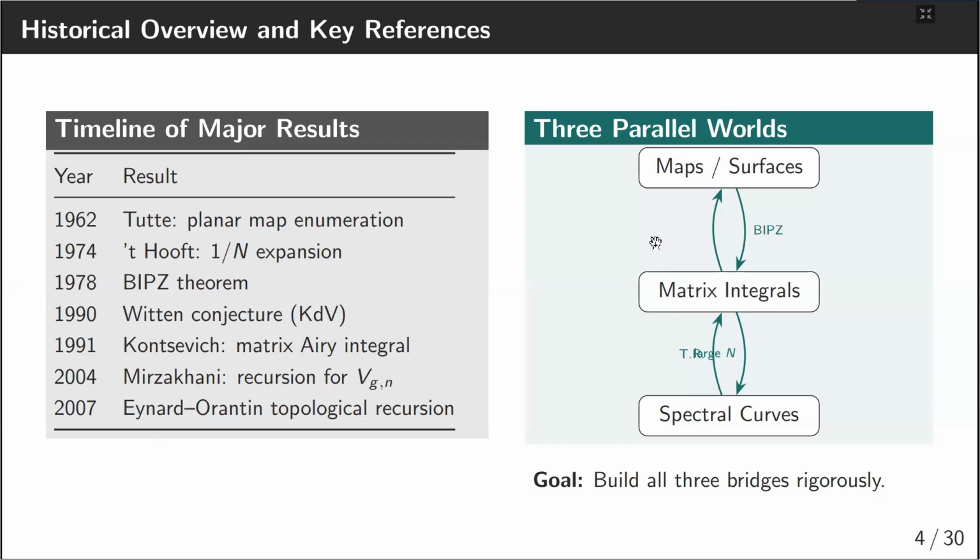So we see that there are three parallel worlds. We have maps and surfaces, and BIPZ connects that with matrix integrals. And we have spectral curves connected with matrix integrals. So our goal of this talk is to build the three bridges.